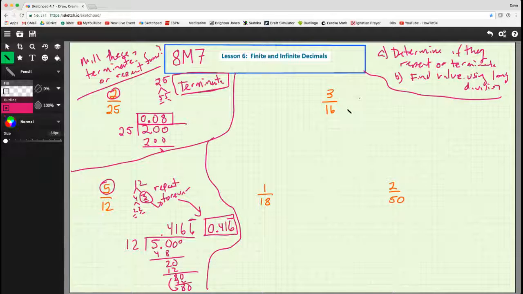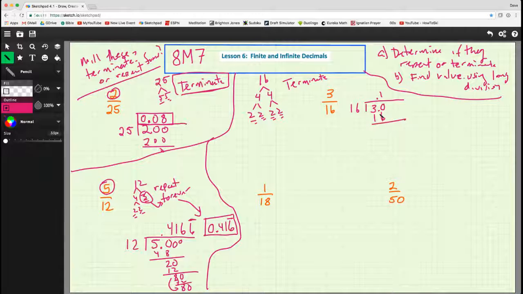So now, let's see, 3 over 16. Let's take our 16 and do a prime factor. Okay, this is cool. It only has 2's and, well, there's no 5's, but it only has 2's. So this will terminate. Okay, so box top, we put our 3 in the box, and our 16 over here, point, 0. So that's a 1, 16.